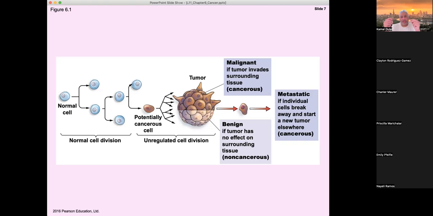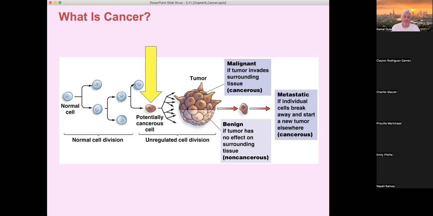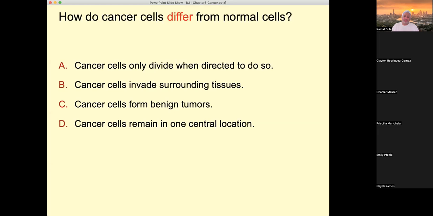One or the other will then kill the patient, right? So we're going to learn about that. So we're going to focus in on that one cell, the original cell that became defective. We're going to look at why it becomes defective and what we can do to minimize the chance of that cell becoming cancerous, right?